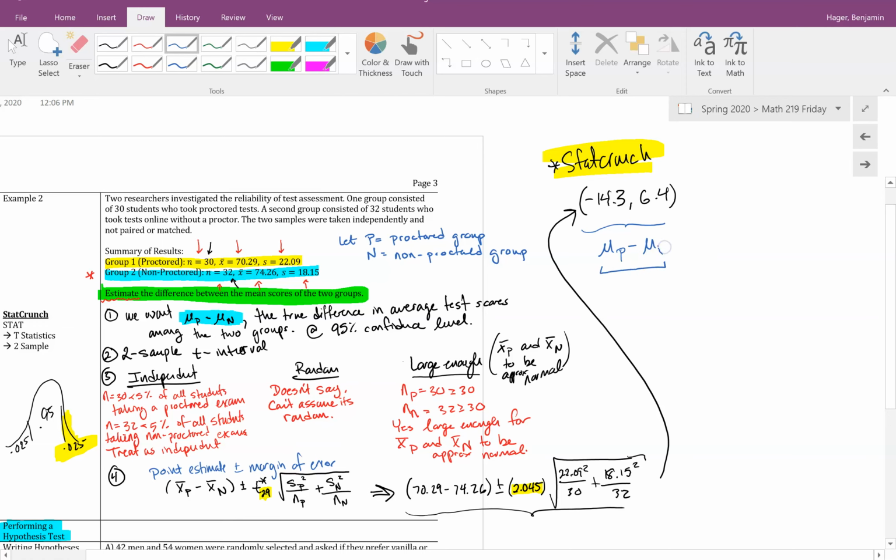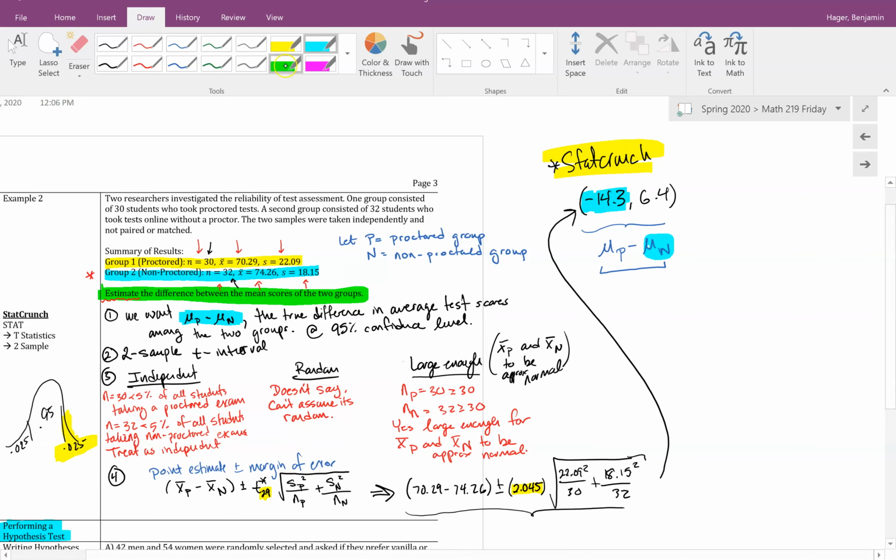For this to be a negative number, this second guy has got to be larger than the first guy, meaning the non-proctored group scored higher than the proctored group. Or in other words, the group that did not have someone supervising them scored higher than the group that did have someone supervising them. That would make this result have a negative score.